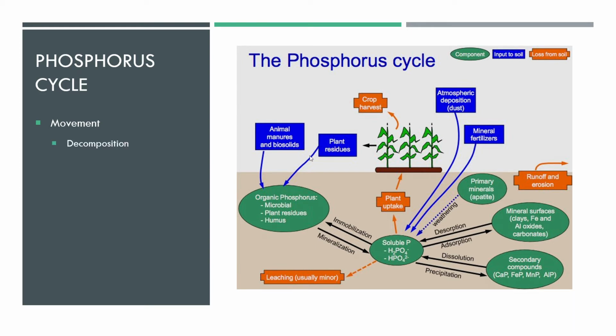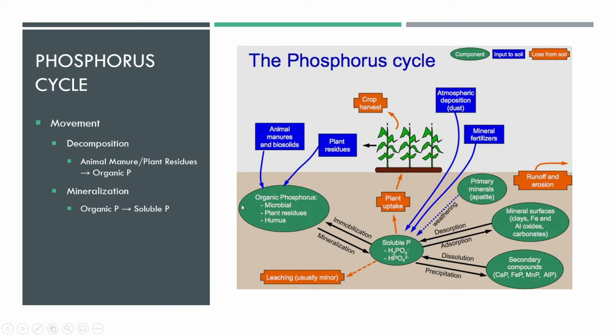Okay. So, movement from these places. First one is decomposition. Animal manures, biosolids, and plant residues are going to decompose. Decomposers are going to latch on to this organic matter, which is all this is, and break it down into organic phosphorus. From organic phosphorus, we get mineralization.